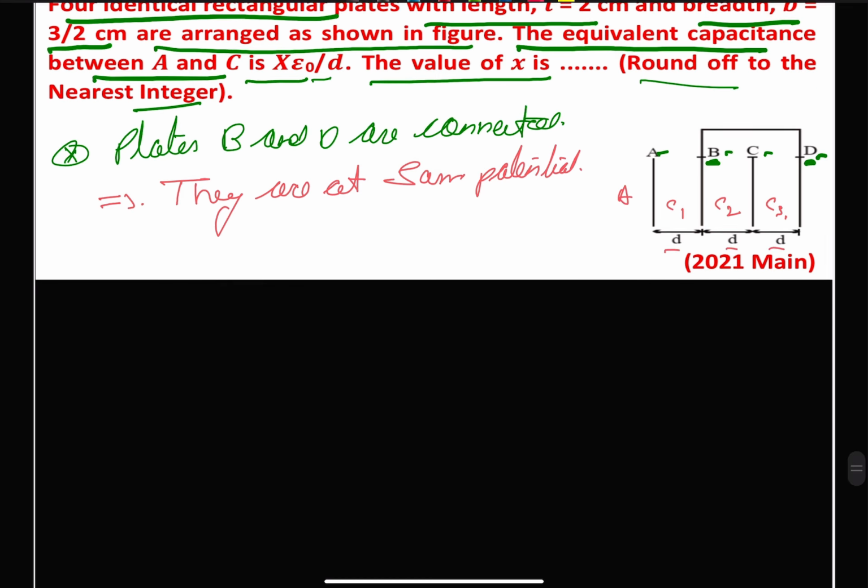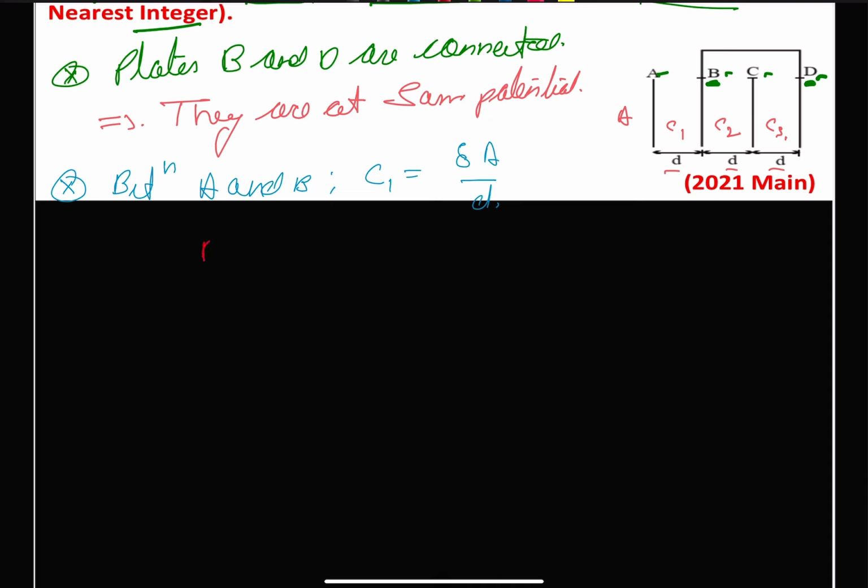So between A and B, capacitance C1 will be epsilon naught A upon D. Between B and C, C2 will also be epsilon naught A upon D, and between C and D we have C3, that is also epsilon naught A upon D. And we need to find the effective capacitance between A and C.